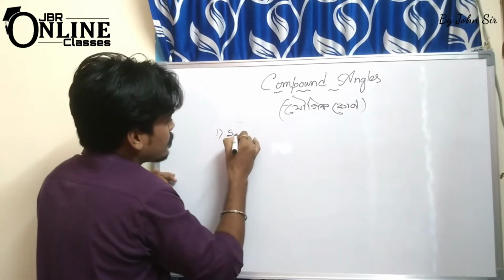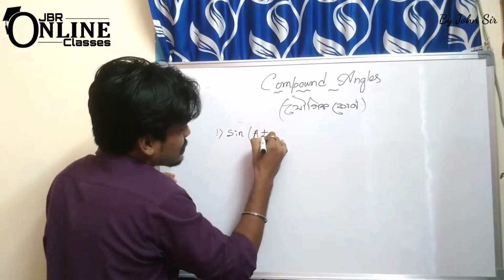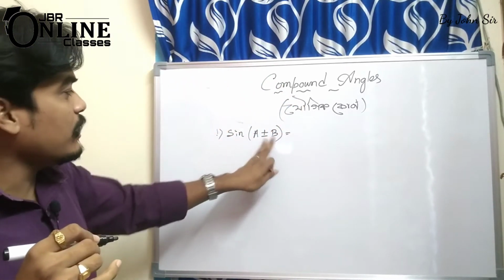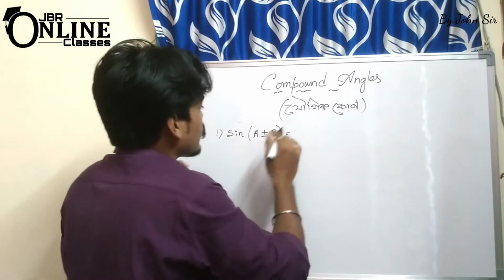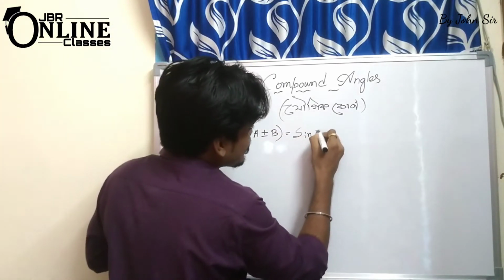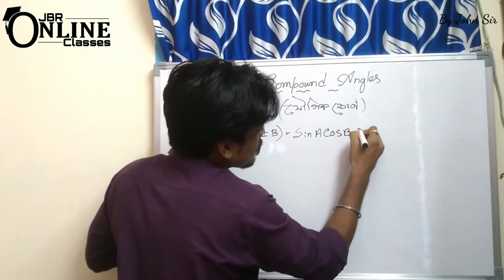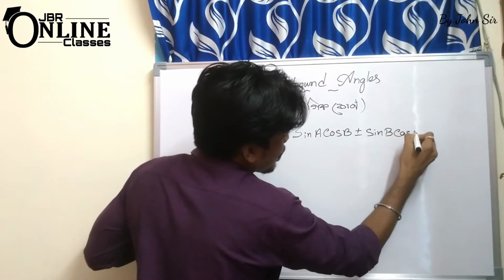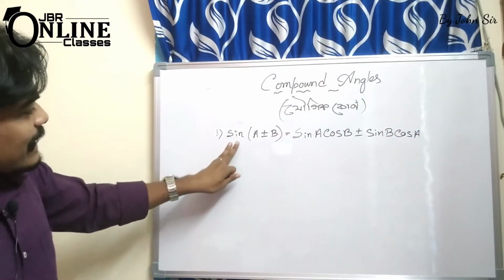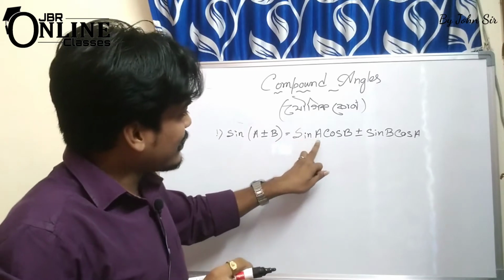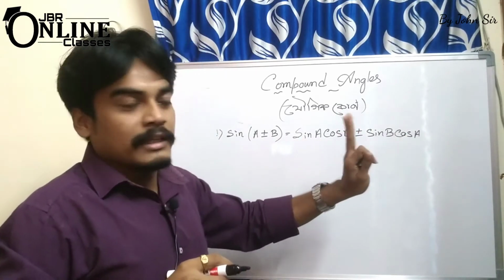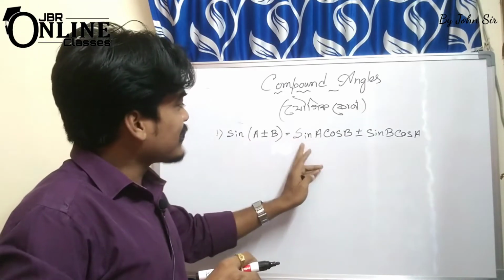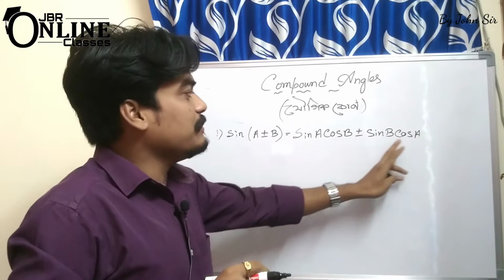First one, sine A plus minus B. That means first you have to use sine A plus B or sine A minus B. The formula for sine A plus B will be sine A cos B plus sine B cos A. But for sine A minus B, the formula will be sine A cos B minus sine B cos A.